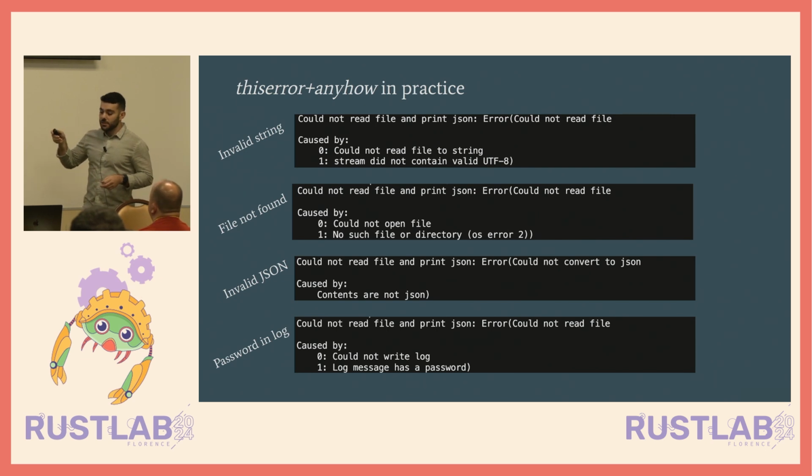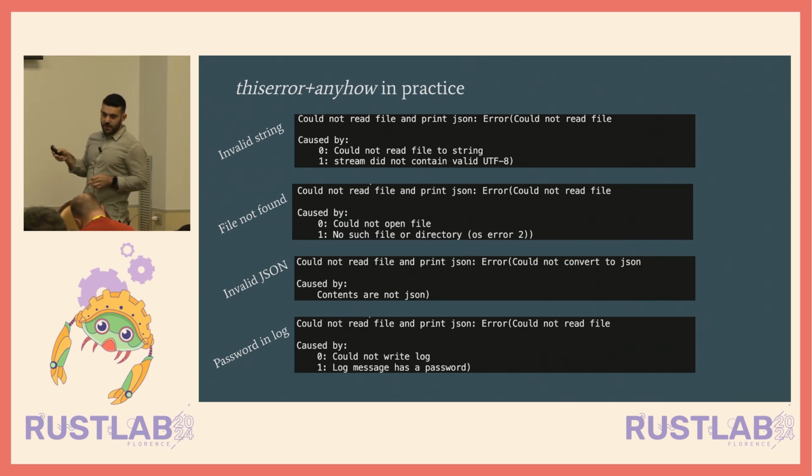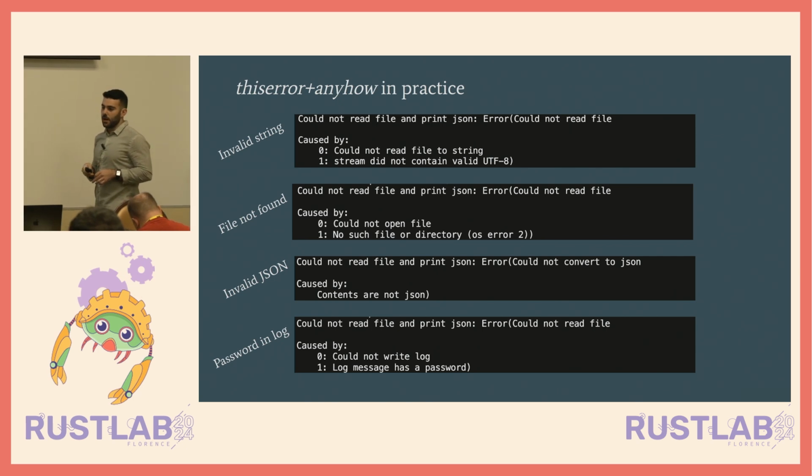And in production, it will look something like this. You can see that many types and many kinds of error can be caused by trying to read the file. But here we get a story of why exactly we failed. If we take, for example, the invalid string failure, the first one, we can see that we have a message that we could not read the file and print it to JSON. By the way, this is the expect message from the main function. Why was it?